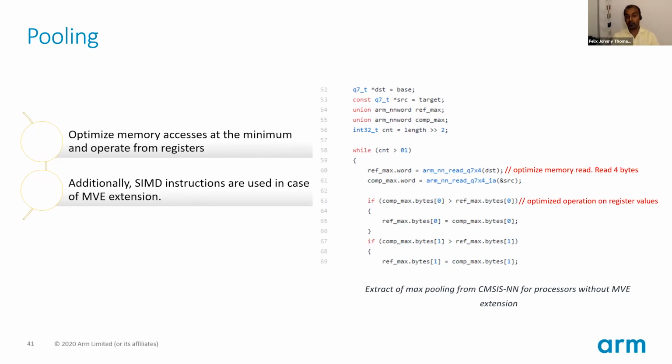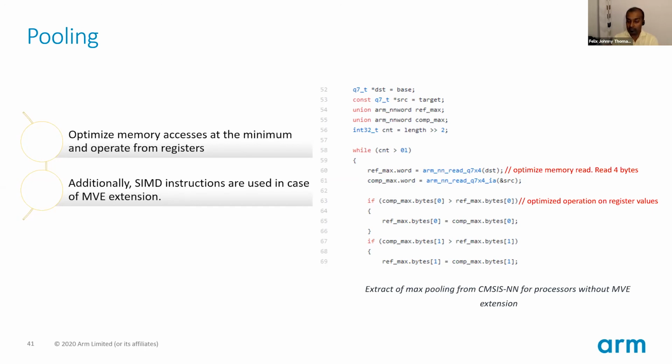So what you try to do is optimize your memory reads, and you read 4 bytes at a time, the section with the red comment that you see there. And once you have 4 bytes of data in a general purpose register, you process from that. In that way, you process data from the fastest memory possible, which is register space.